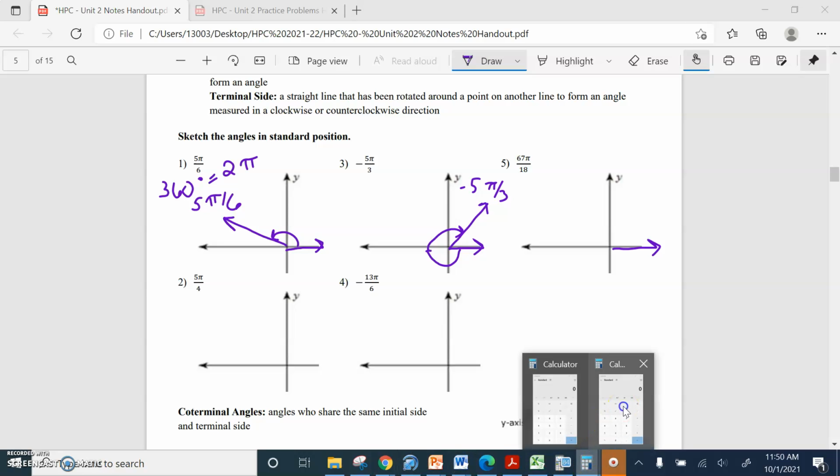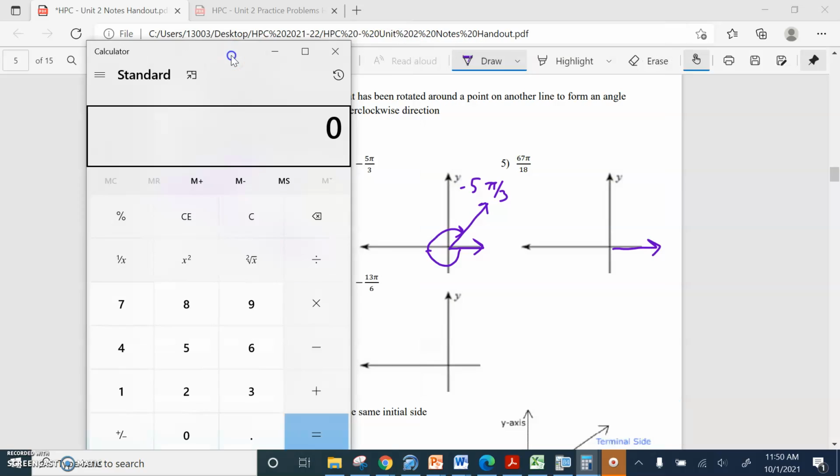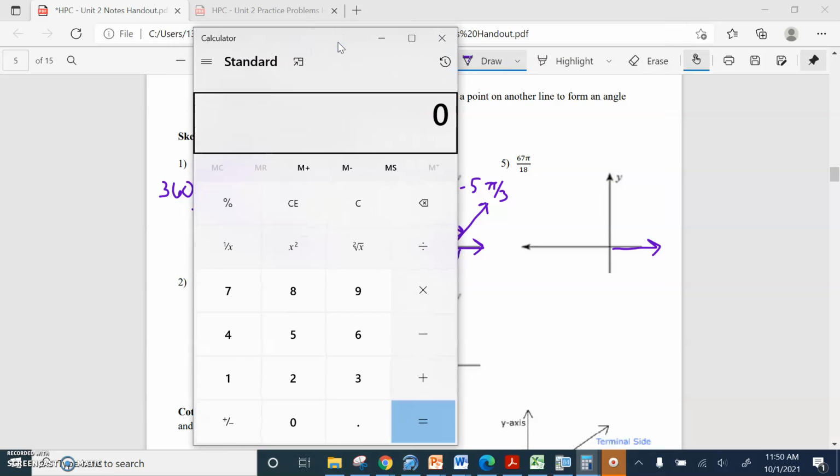Well, remember, every 2 pi is a full rotation. If we did that, that's 36 pi. So if we went all the way around, that's 36. We still have some left over. If we went 2 times around the circle, 36 times 2 is 72. So we know that we're somewhere between 1.5 and 2 full revolutions.